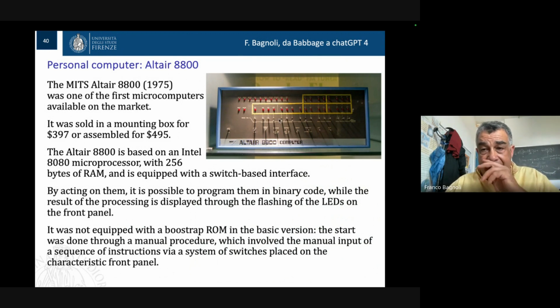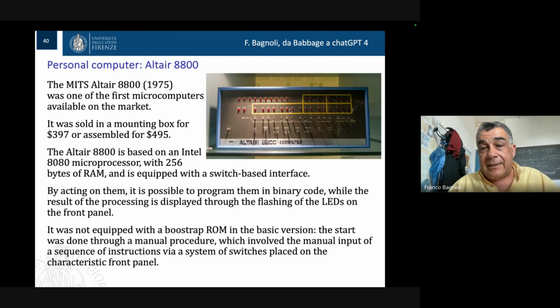And it had a switch-based interface, with switches that sometimes did not work. To program this, you had to insert the memory address with 8 switches, then with other 8 switches what you wanted to store, and then press a button somewhere to store the byte in the location of the RAM. I don't remember, I never used it.